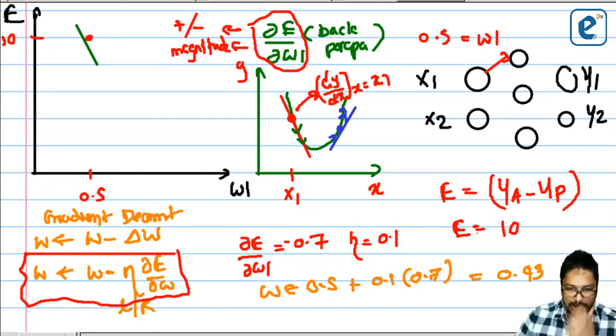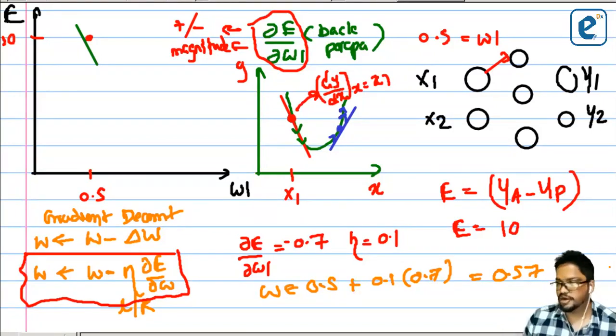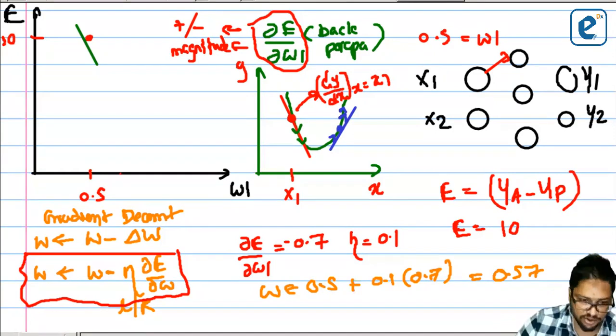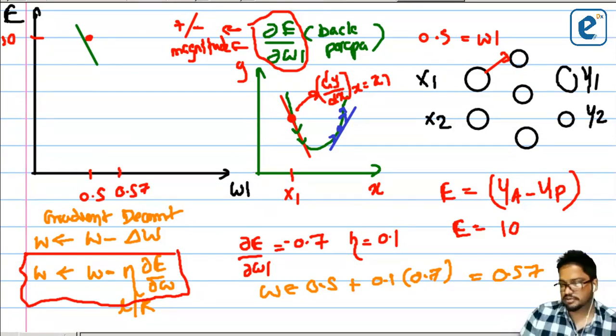All right, so it's 0.57. We are going to add it here, 0.57. Then we are going to calculate the error.